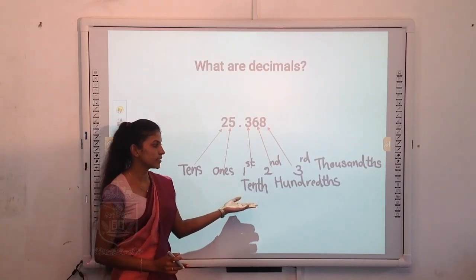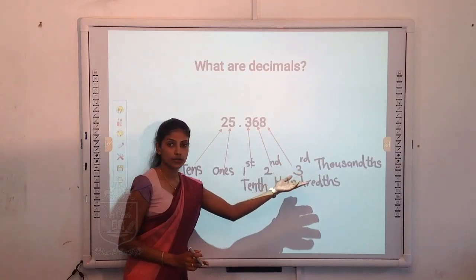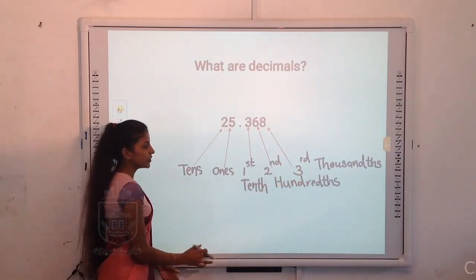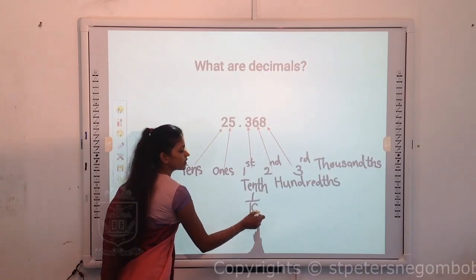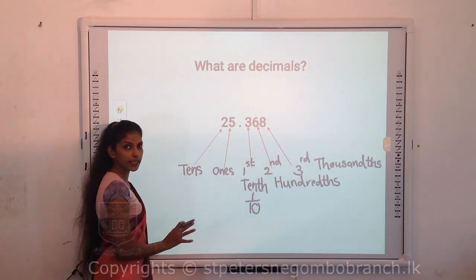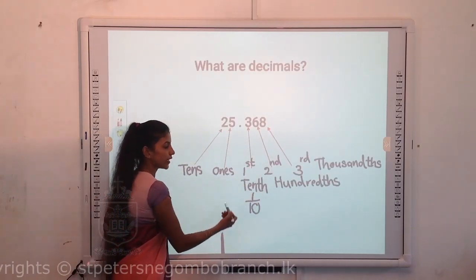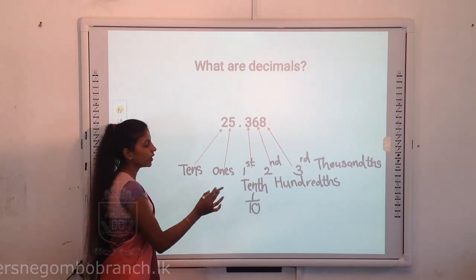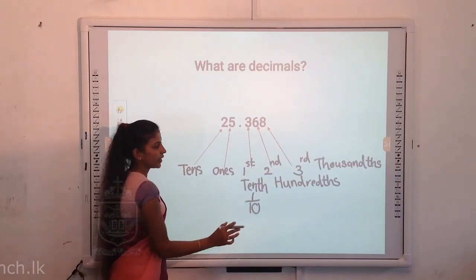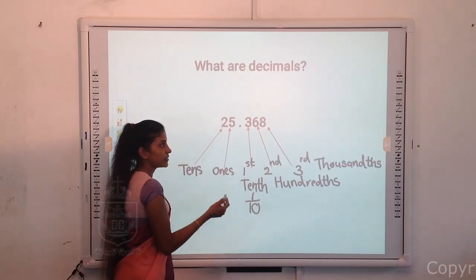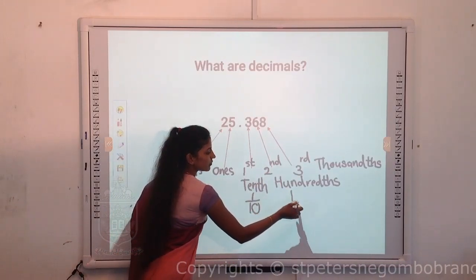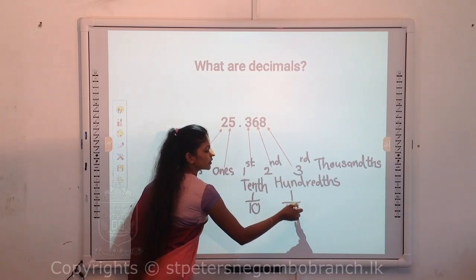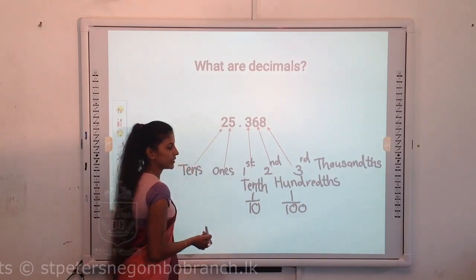This can be taken as the tenths, hundredths, thousandths. So we can represent tenth like this, that is 1 over 10, since it is the first decimal place. In the same manner, the hundredth place, the second decimal place, can be denoted as 1 over 100, since you have two decimal places.